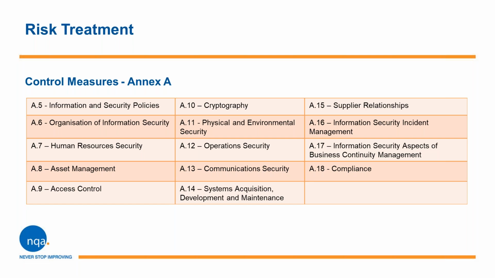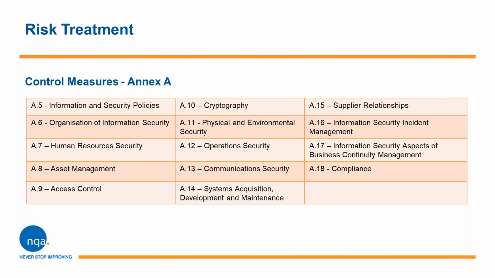A17, information security aspects of business continuity management. So this is about controls requiring a planning of business continuity. So it's procedures, verification and reviewing, and also IT redundancy. And lastly, A18 is compliance. So this is controls requiring identification of applicable laws, regulations, intellectual property protection, personal data protection, and also reviews of information security.